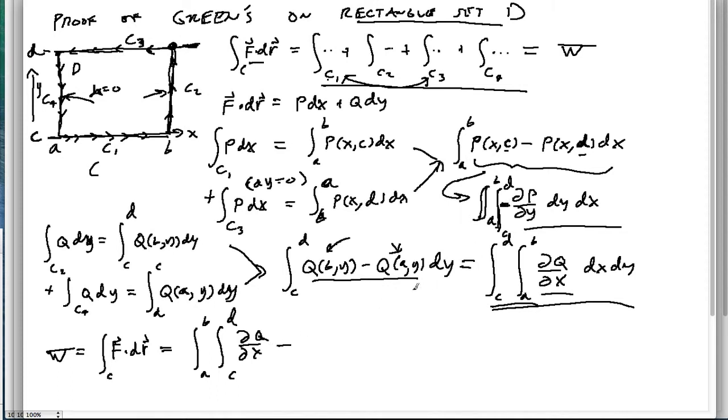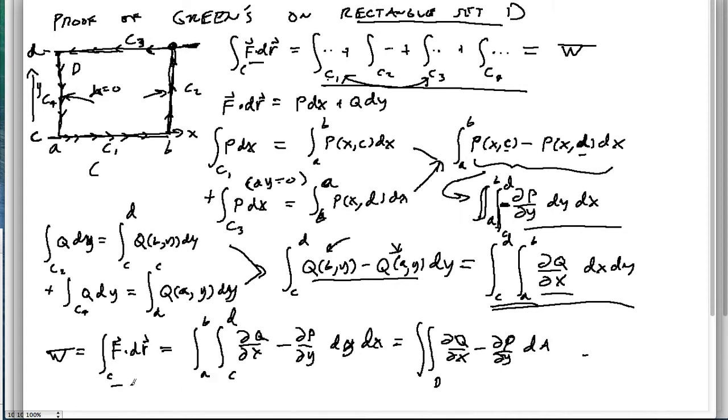And again, there's a subtraction there, partial of p with respect to y. So I'm going to say that's just dy dx, or rather the integral over the whole region of partial q with respect to x minus partial p with respect to y dA.